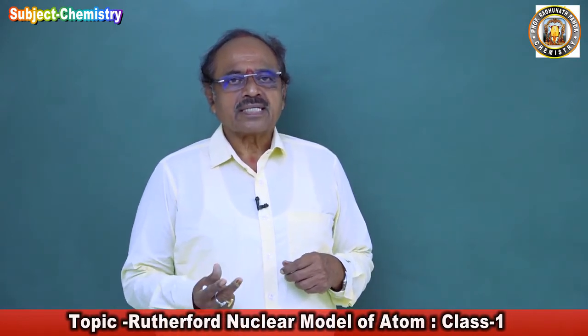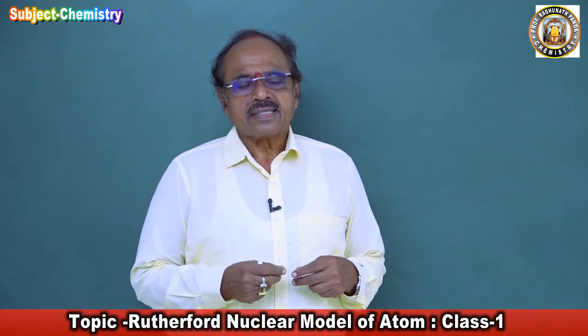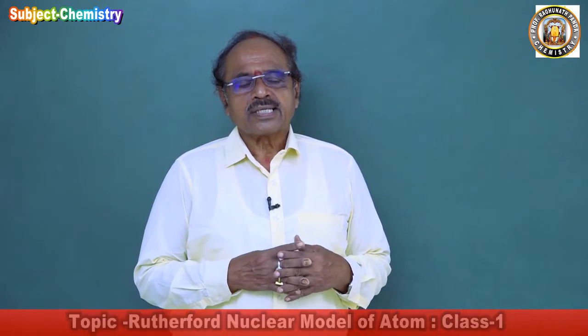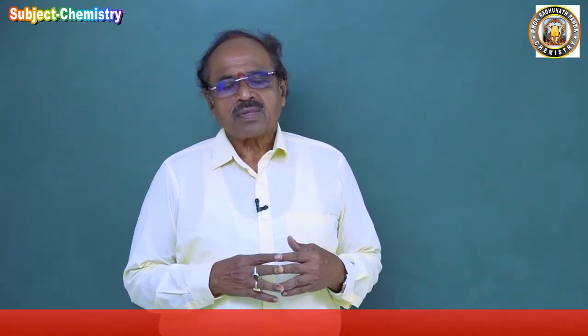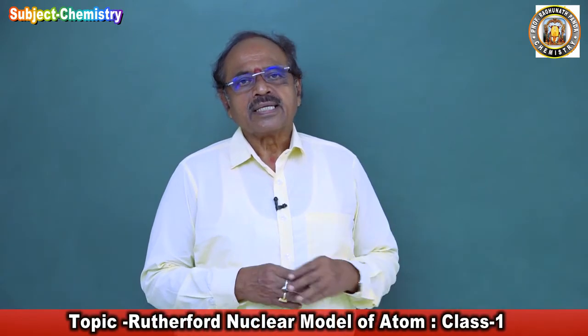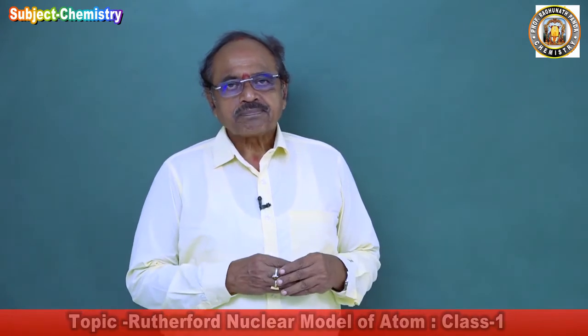Alpha rays have 2 units of positive charge and 4 units of atomic mass, beta rays have 1 unit of negative charge and negligible mass, and gamma rays are electromagnetic radiation. This was the discovery made by Henry Becquerel during that time.